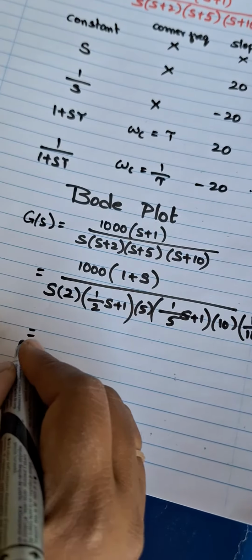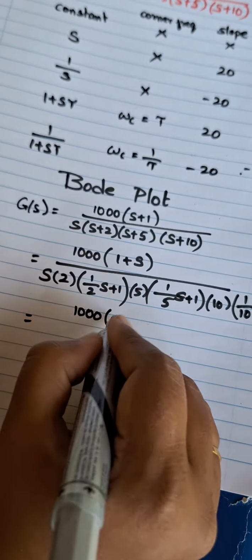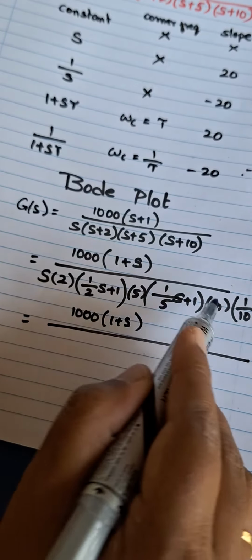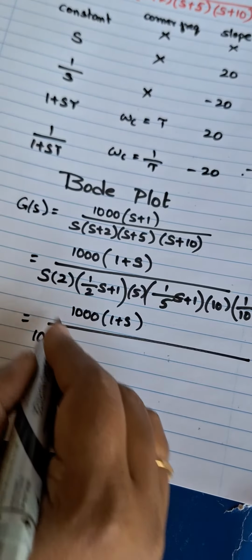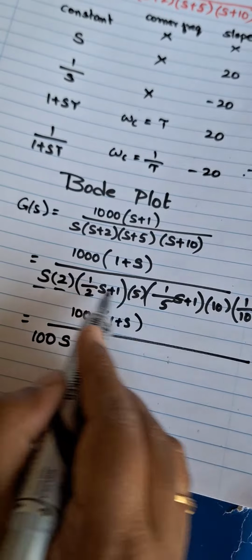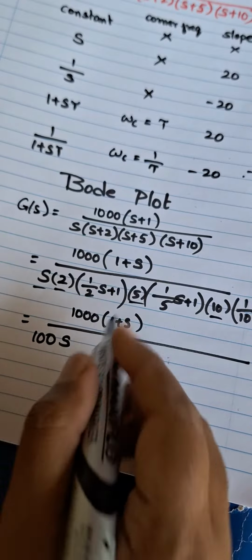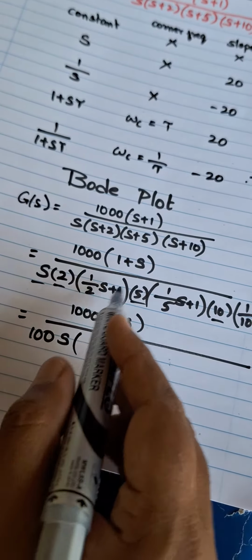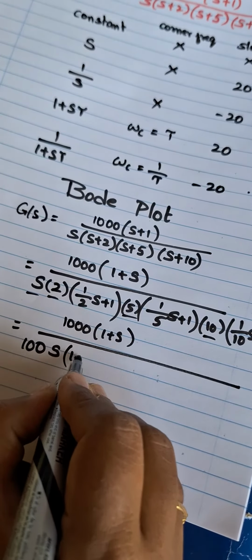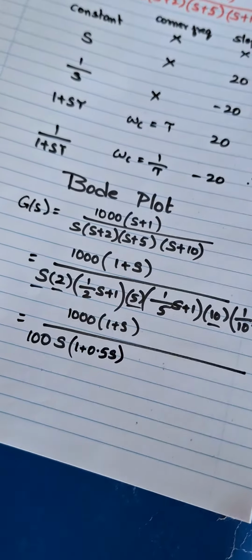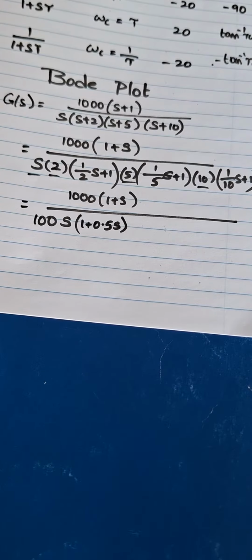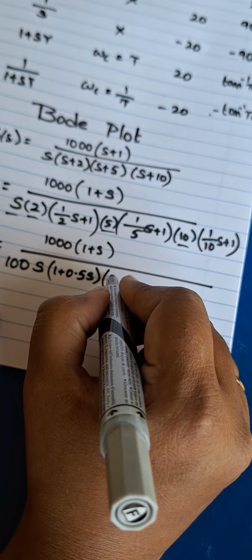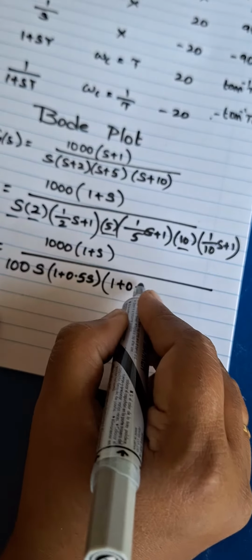So this is equal to 1000 into (1 plus s) by 2 into 5 into 10, which is 100, and s is there. So s I wrote, 2, 5 and 10 I wrote. Then s by 2 becomes 0.5s, so 1 plus 0.5s. So I brought it into standard form. Then 1 plus s by 5 can be written as 1 plus 0.2s.